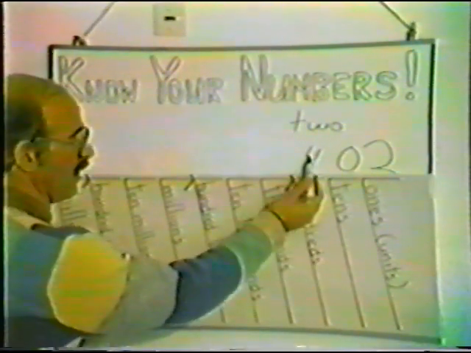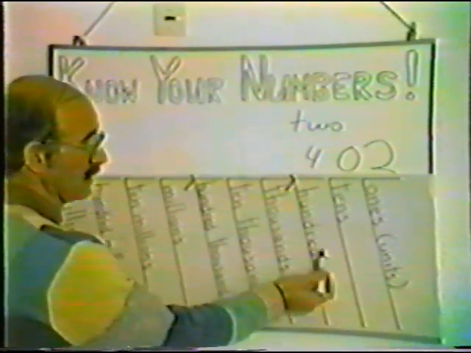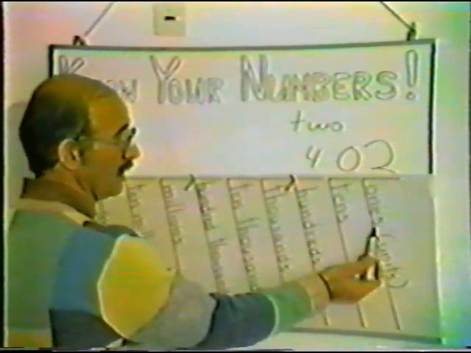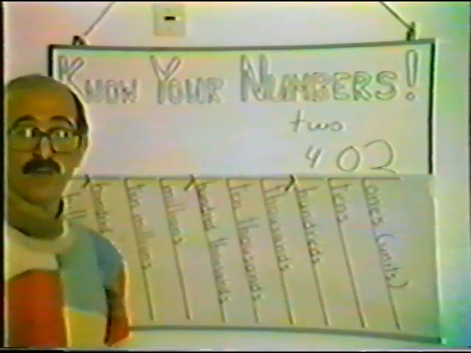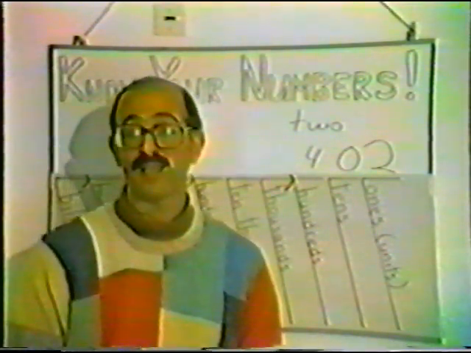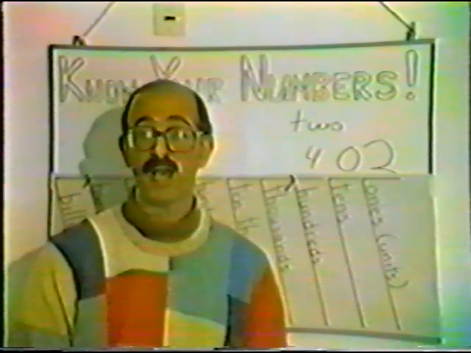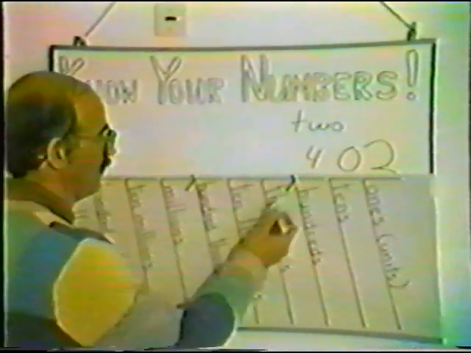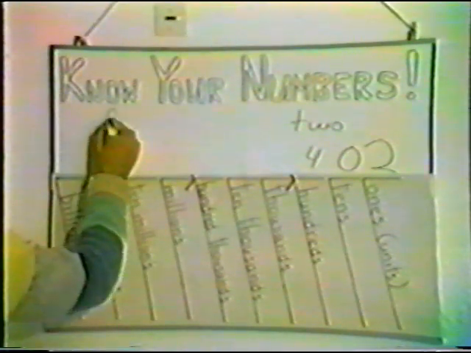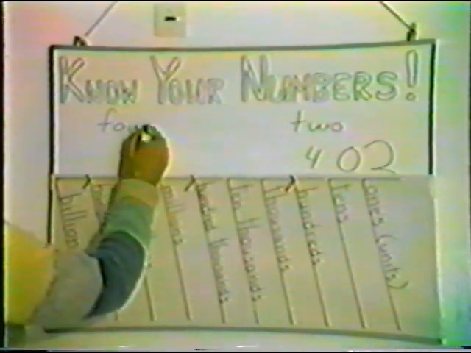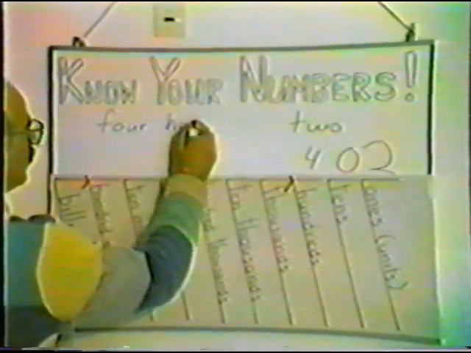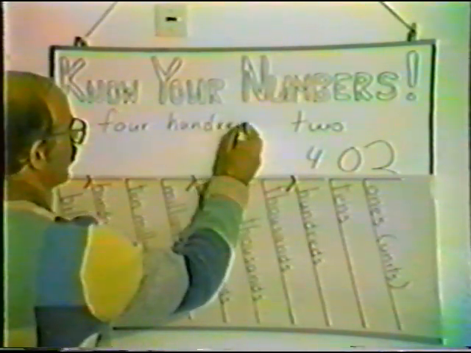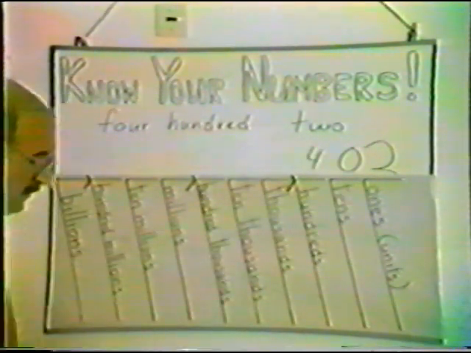Yes, 4 in the hundreds place, 2 in the ones place, but there is nothing in the tens place, and we have to fill that place with a 0. So we have 402.